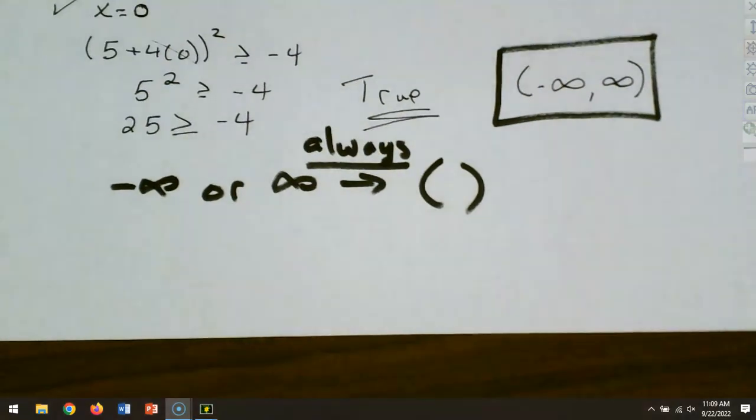Now, question 7 is just the opposite. In question 7, it's actually going to be false, and let's see why.